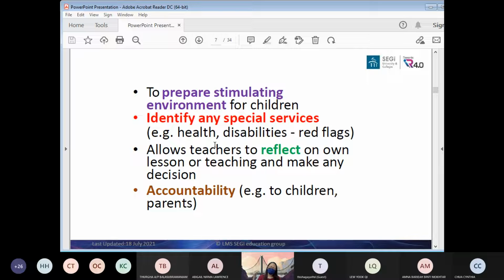And also when you observe a child, you are accountable to the child. That means you should inform the parents what happened and things like that. Understand?